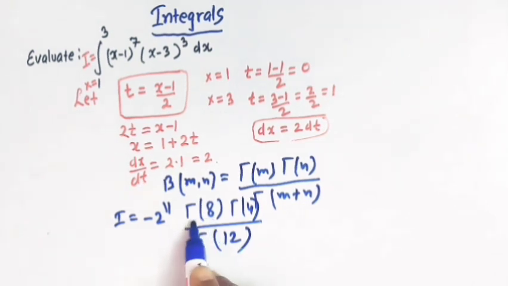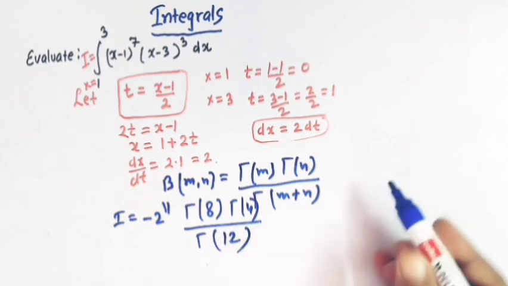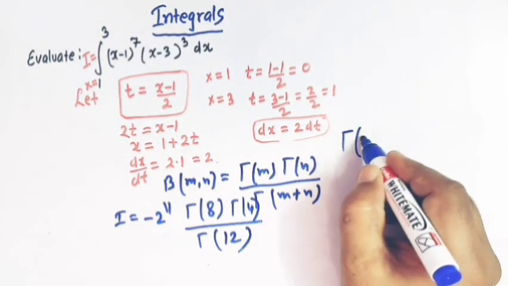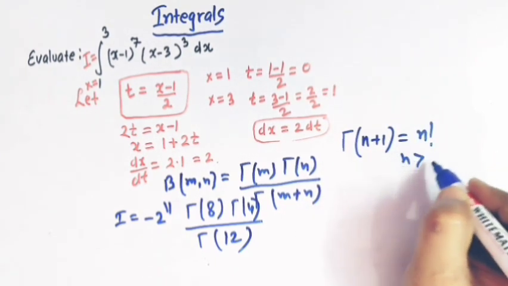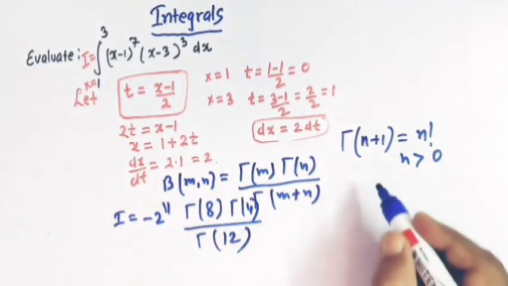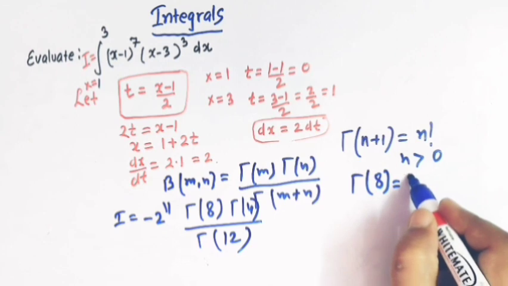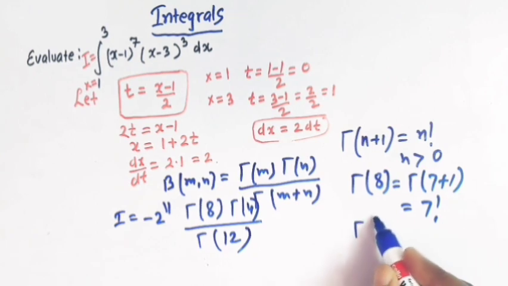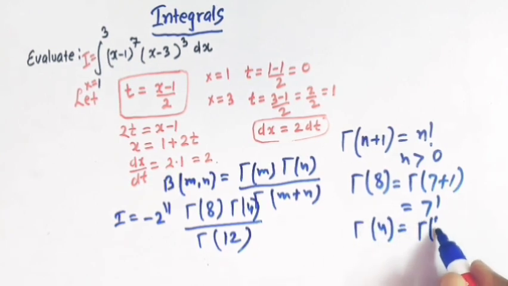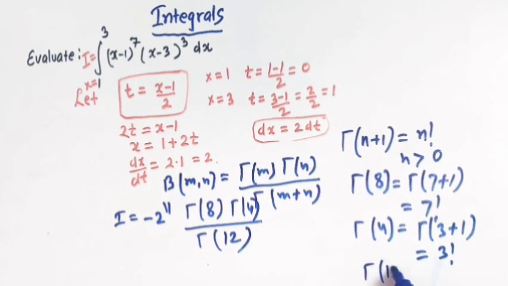So to calculate the value of gamma 8, gamma 4 and gamma 12, we'll make use of this result, that is gamma of n plus 1 is equal to n factorial, where n is greater than 0, right? So gamma of 8 is gamma of 7 plus 1, that is equal to 7 factorial. Similarly, gamma of 4 is gamma of 3 plus 1, that is 3 factorial here. And then we have gamma of 12, that is equal to gamma of 11 plus 1, that is 11 factorial, right?